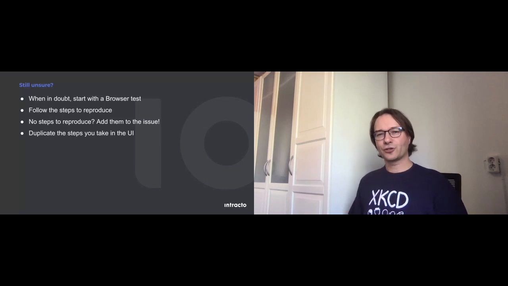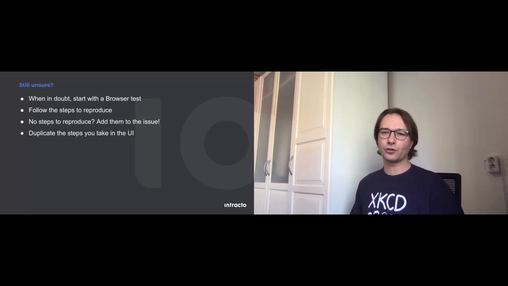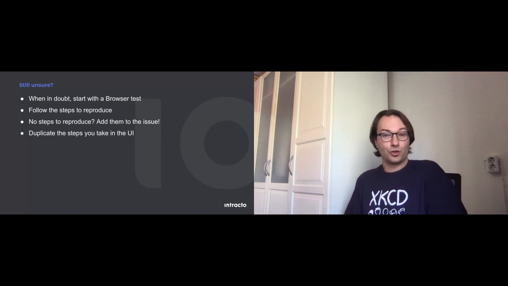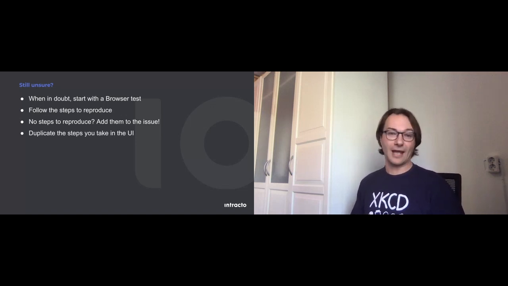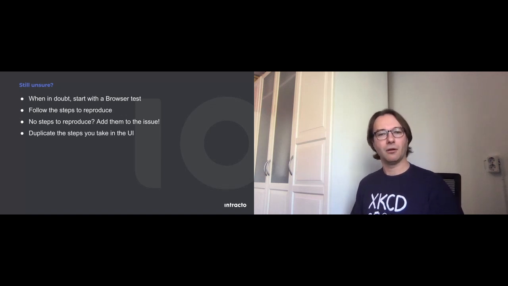Even after this, if you're still unsure, start with a browser test. Why? Every issue on Drupal.org should have steps to reproduce. Those steps are usually things you can do through the UI. If you follow those steps in a browser test, you should be able to duplicate the bug.